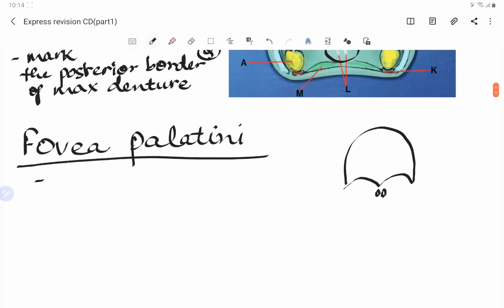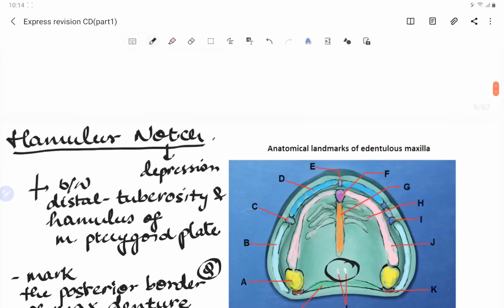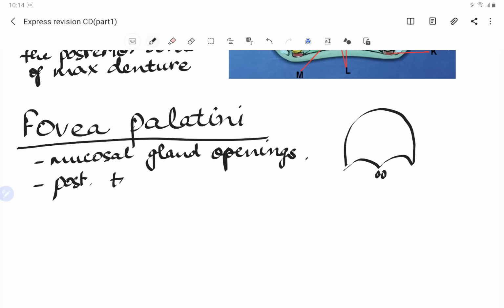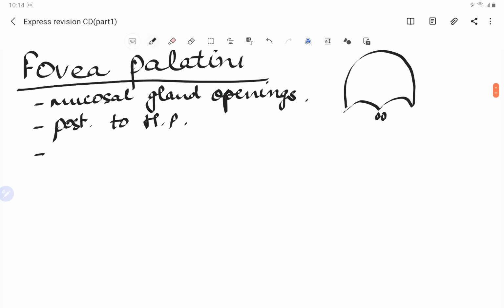So fovea palatini are the mucosal gland openings posterior to the hard palate. They are not present in every individual, okay.